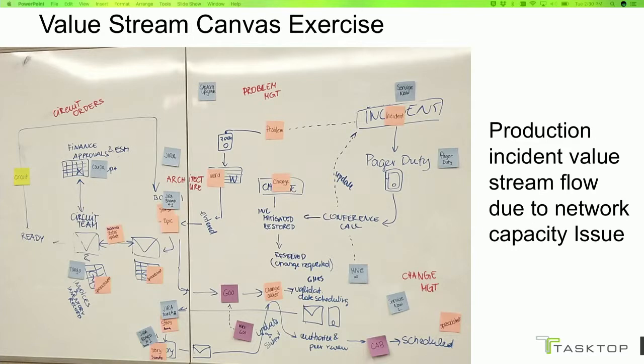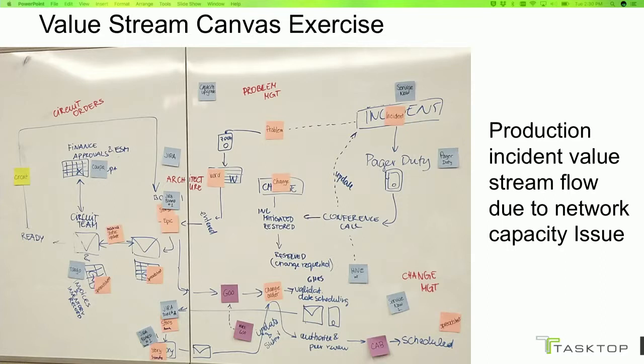And a network engineer gets paged at 2:30 in the morning, because all network engineering updates and releases have to be done at midnight. That's their policy. So an incident comes in, somebody gets called on PagerDuty, they put up a conference call, and that creates a change that needs to happen.